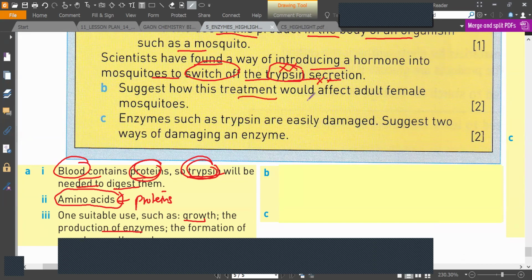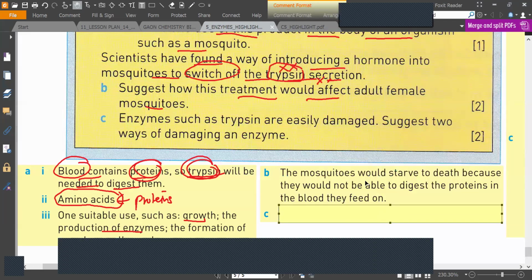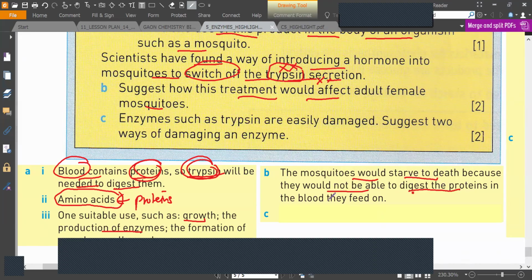How would this treatment affect adult female mosquito? The mosquito would starve to death because they cannot digest the protein in the blood they feed on. So they cannot get the amino acid, so they will die.